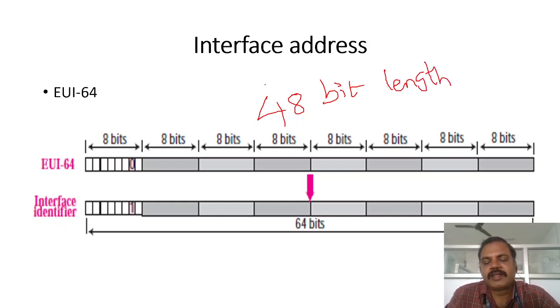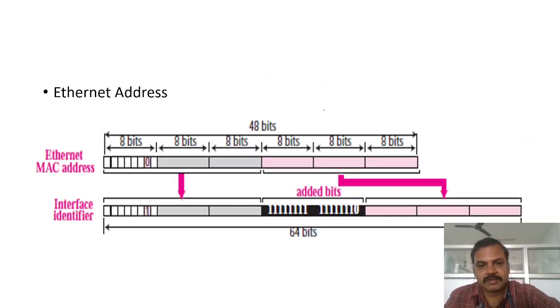In IPv4, there is no direct relationship between the logical address, the 32-bit IP address, and the 48-bit physical address. But in IPv6 there is a relation. So here the Ethernet address is 48-bit. In other words, we are calling it the physical address or MAC address.